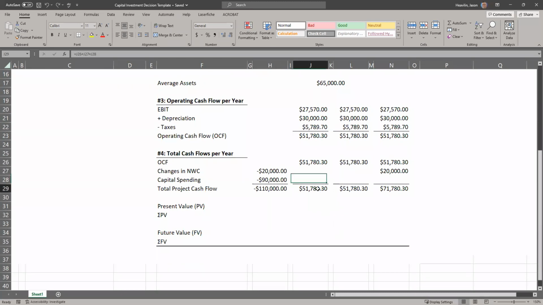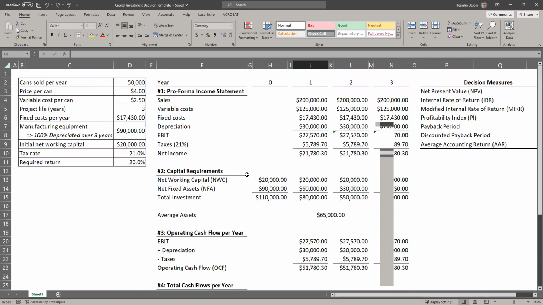So future money, how much is it worth today? So we're just going to do it right under each one of them. And we are going to use the required return as the hurdle rate or the discount rate.